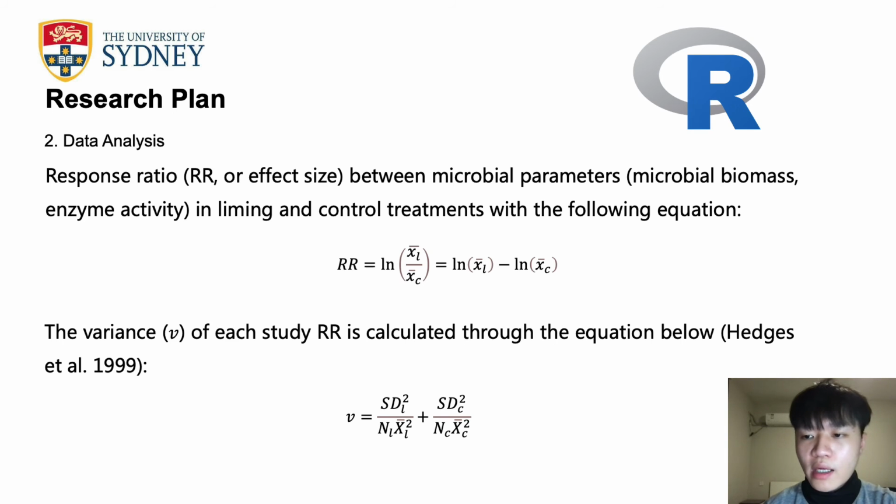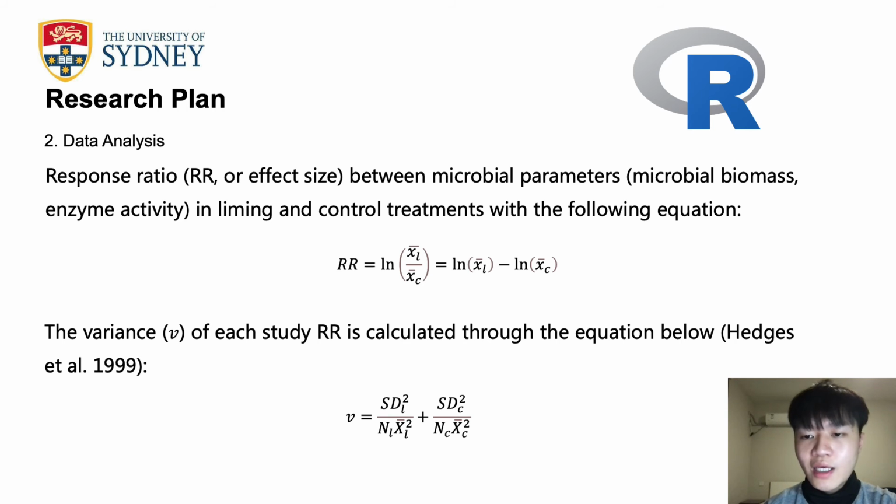Moreover, to analyze the final effect of liming on microbial biomass and enzyme activity, I will make use of an R software package to calculate the mean effect size and 95% confidence intervals.